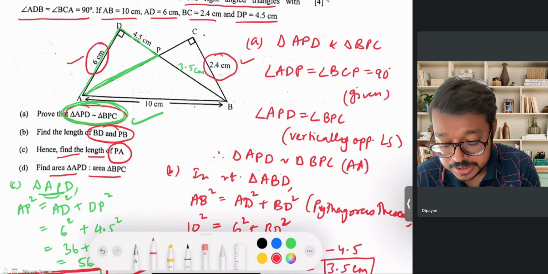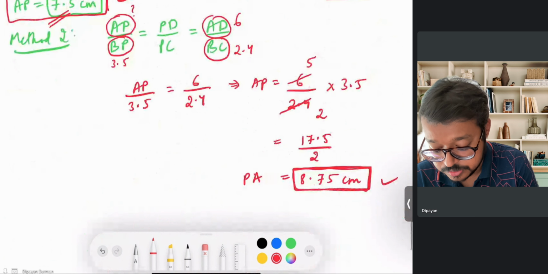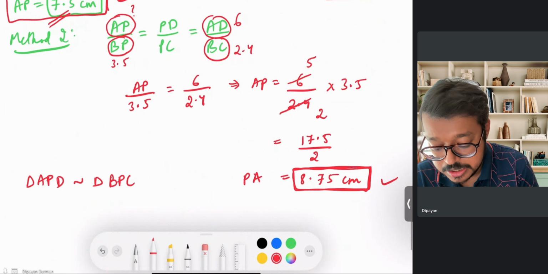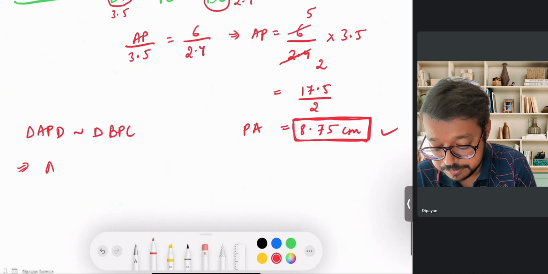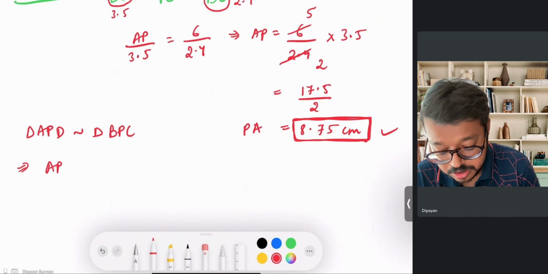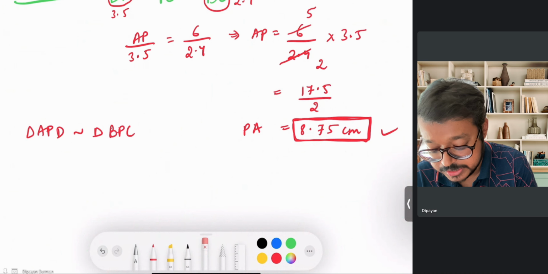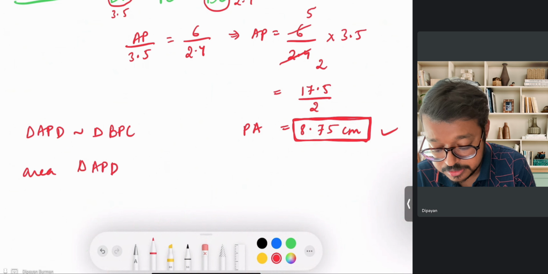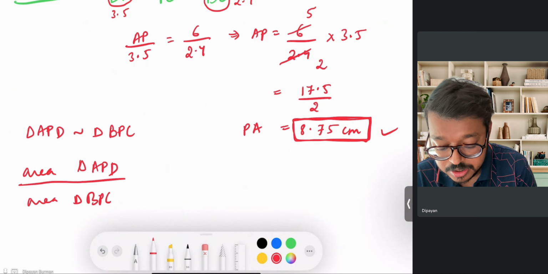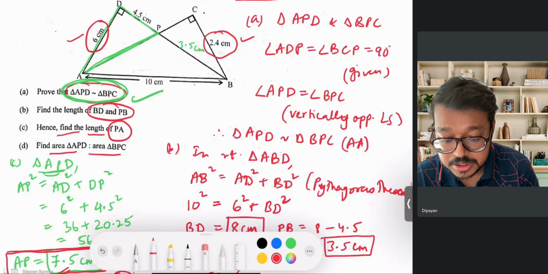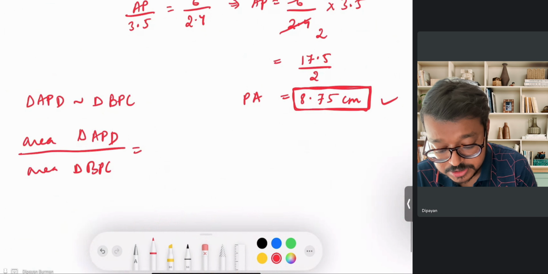So looking at the similarity of triangles APD and BPC, so triangle APD similar to triangle BPC. So the ratio of sides AP or the ratio of the areas of triangles, area of triangle APD by area of triangle BPC must be equal to the ratio of sides AD by BC square.